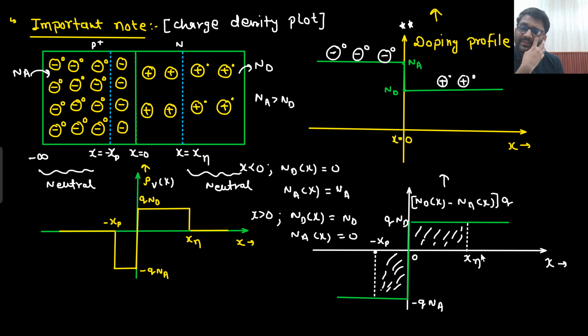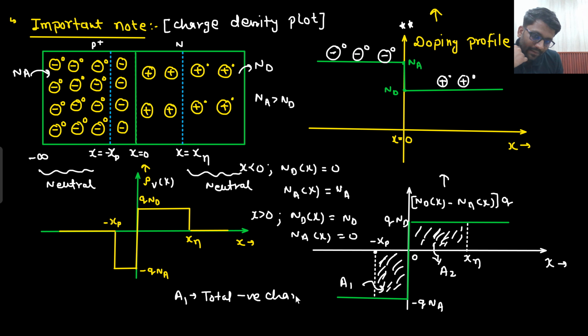Can I comment on xp and xn? Yes. What do I know? This particular area would be equal to this particular area. Let's just say this area is A1 and this area is A2. What would A1 represent? A1 would represent total negative charge per unit area.